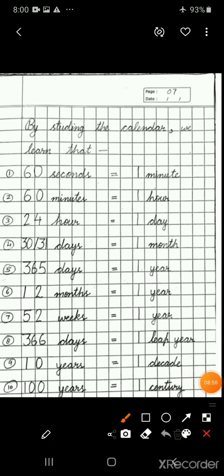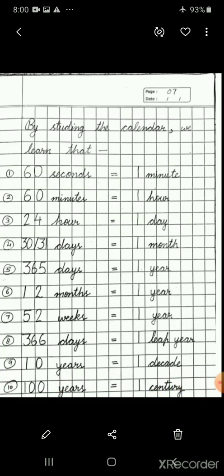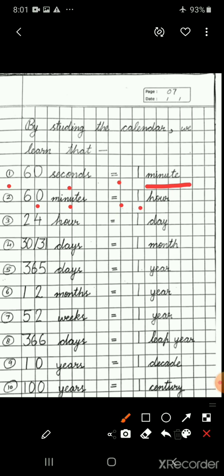First you will write: by studying the calendar we learn that, first, 60 seconds is equal to 1 minute. 60 minutes is equal to 1 hour.